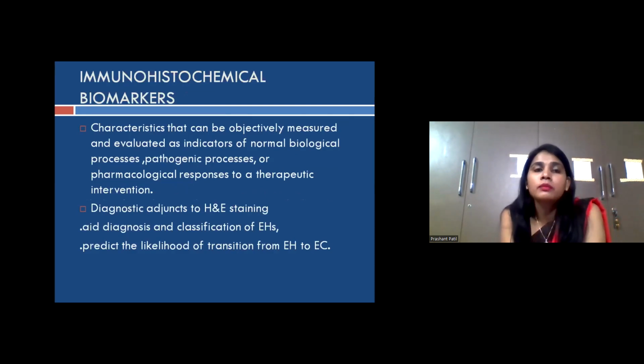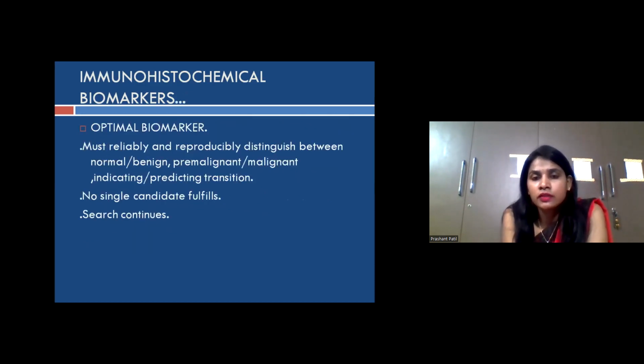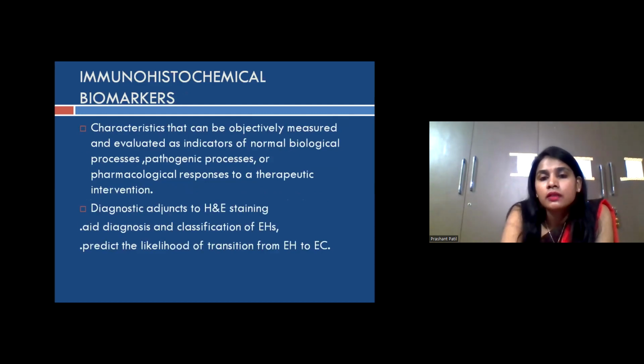Now coming to some immunohistochemical biomarkers. Along with the histopathological pictures, we can have some biomarkers which can predict the likelihood of transition from endometrial hyperplasia to endometrial cancer. Biomarkers are characteristics that can be objectively measured and evaluated as indicators of normal biological processes, pathogenic processes, or pharmacological response to a therapeutic intervention.